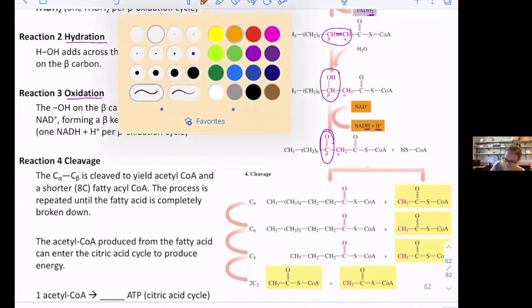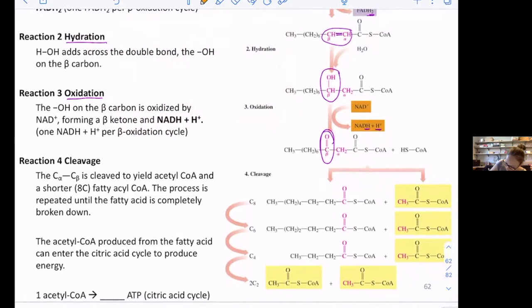The alpha beta bond, this bond here, is going to be what's cleaved. We're going to chop that apart. This would then form acetyl-CoA. So we have the alpha carbon all the way through CoA forming acetyl-CoA, and then a new molecule of CoA is going to come in and attach to the beta carbon.